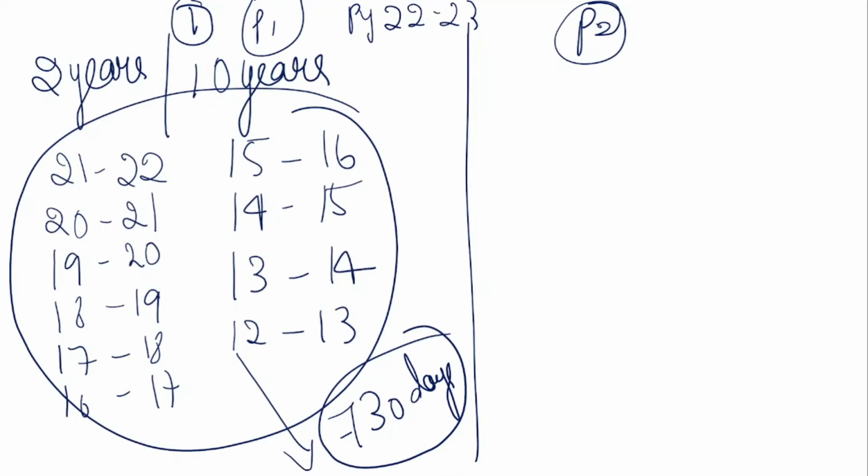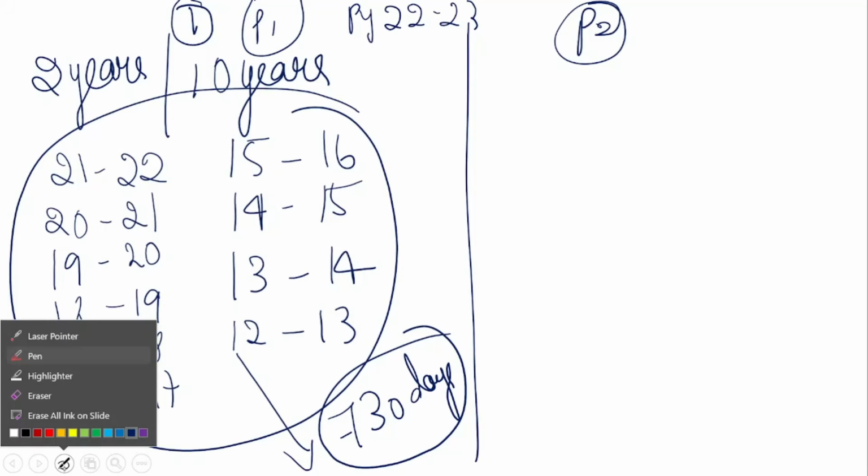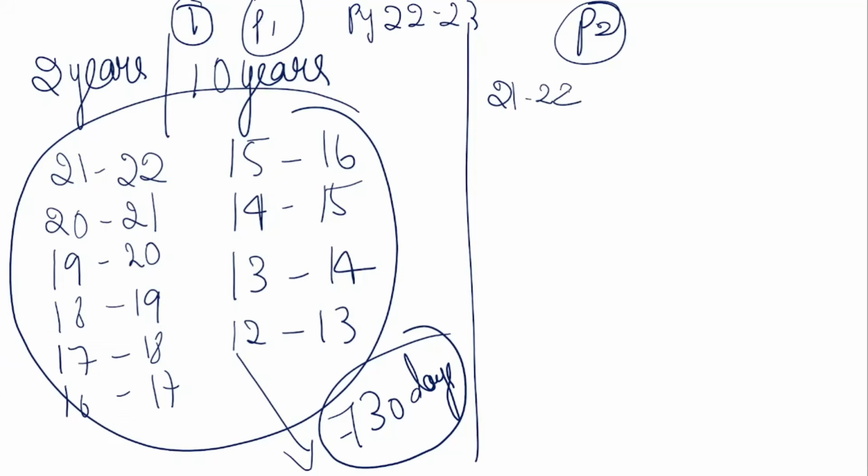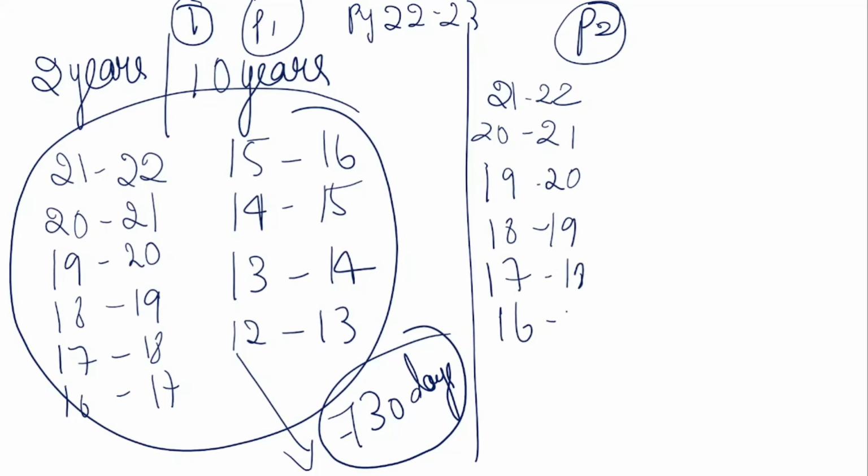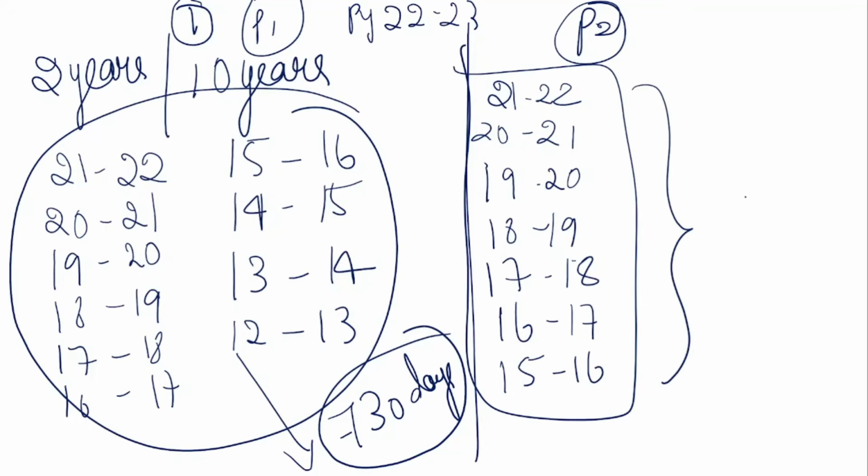Part B, what it says: in 7 preceding previous years, meaning 21-22, 20-21, 19-20, 18-19, 17-18, 16-17, 15-16. In these years, if we add his total stay, it should be 730 days.